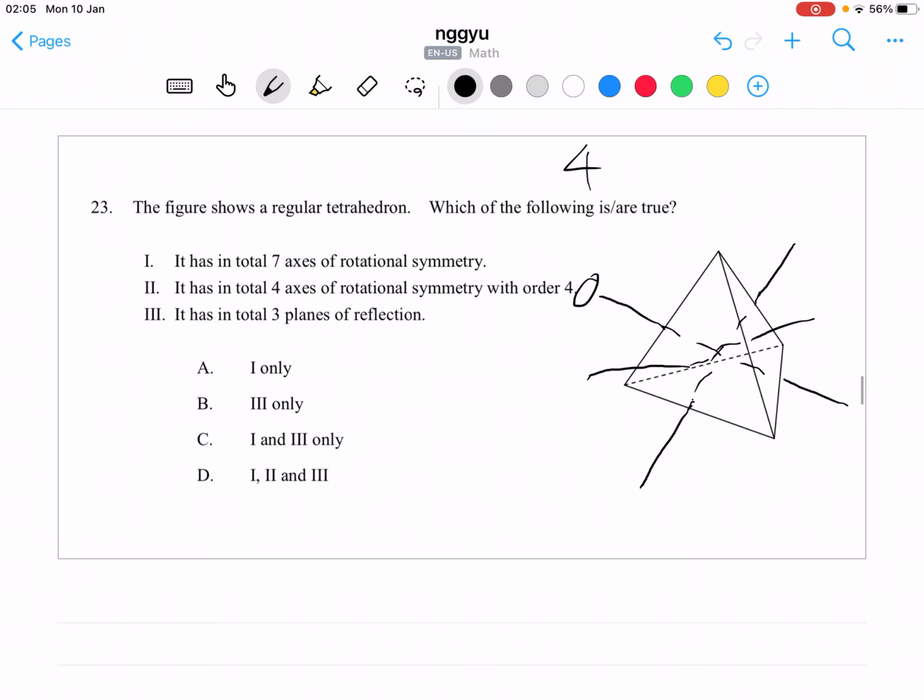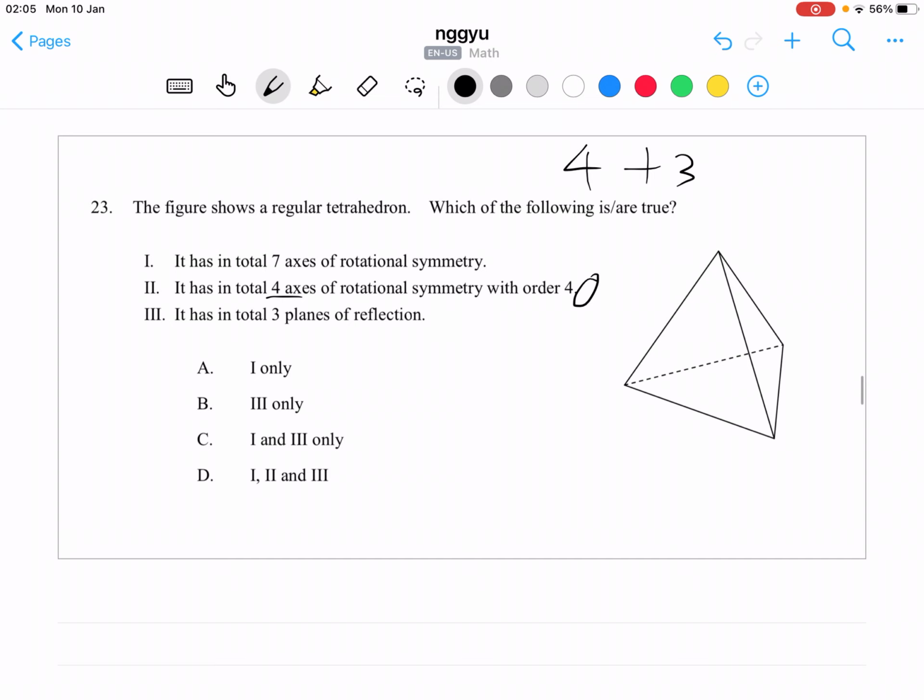And what is the order of this kind of rotational symmetry? It is actually 2, but even if you don't know it, it doesn't matter because you only have 3 of this kind of rotational symmetry, and the number of rotational symmetry with an order of 4 required in option 2 is 4.